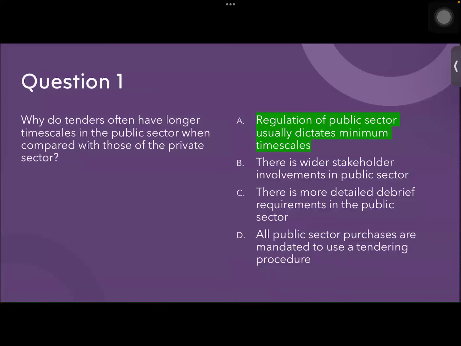But the thing is that the public and wider involvement often happen before the tender. Once the tender starts, they need to follow the strict timeline and time scale defined by the plan and by the regulations.